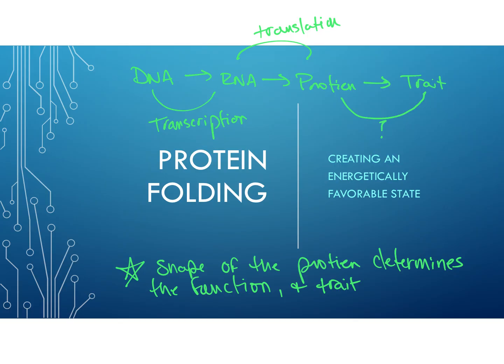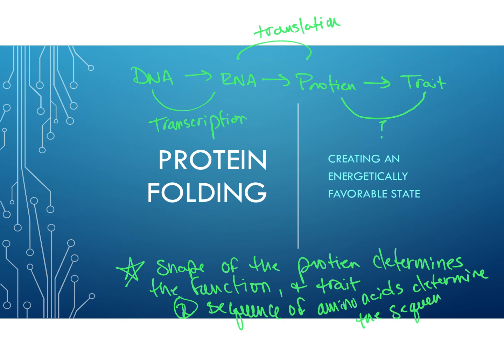So the other key thing here that I'm going to put as number 2 is that the sequence of amino acids is determined by, I should say, the sequence of nucleotides, my bad, determines the sequence of amino acids.